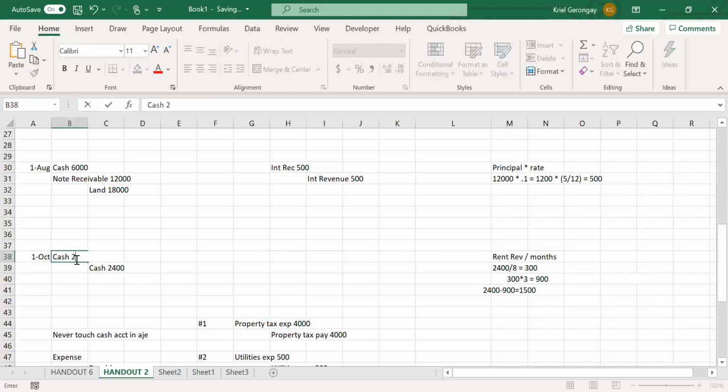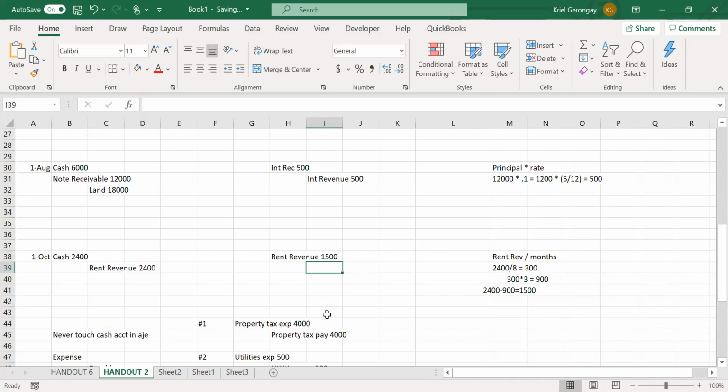Yeah, I think we made an error. Okay. Yeah, so he's right. You have to decrease your rent revenue by 1,500, and then you'd have to increase your liability, which would be unearned revenue.